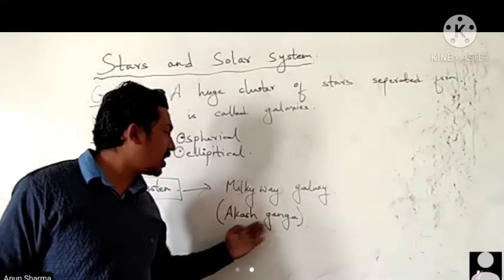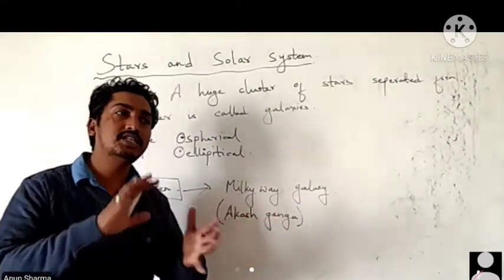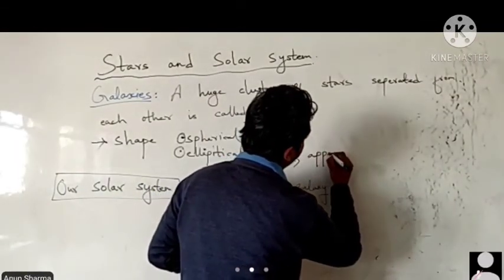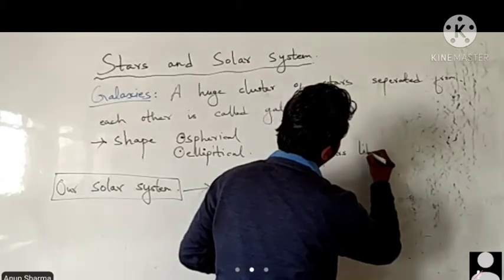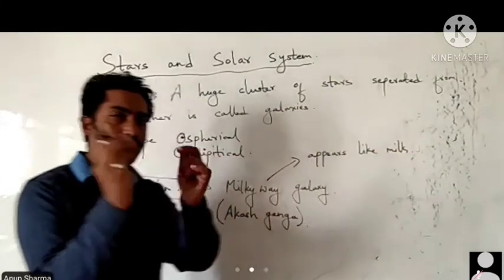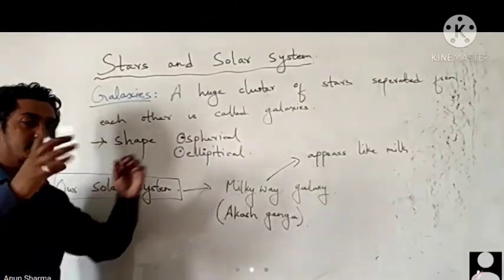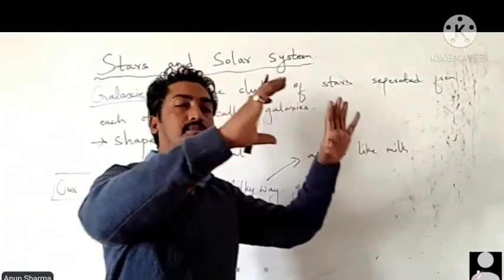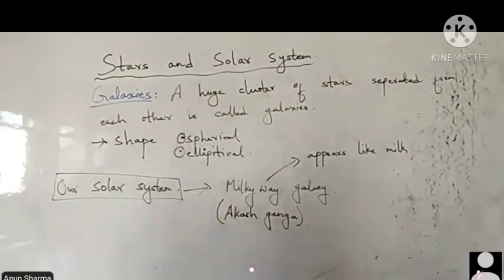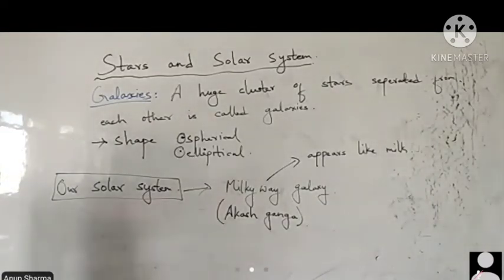Why is it termed Akash Ganga or Milky Way? Because it appears like milk, somewhat white, as we can see from the telescope or the Hubble telescope, the magnified telescope for viewing galaxies. So the Milky Way galaxy is a spherical type galaxy.